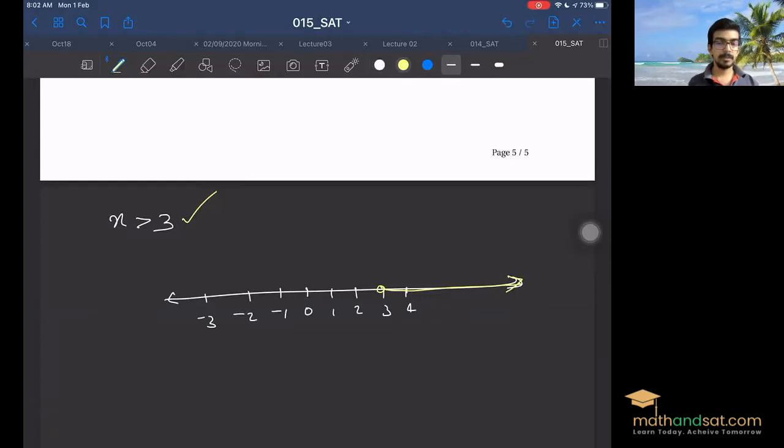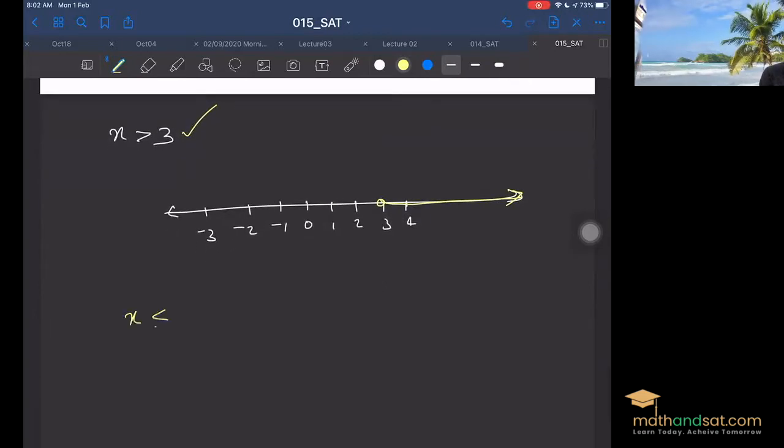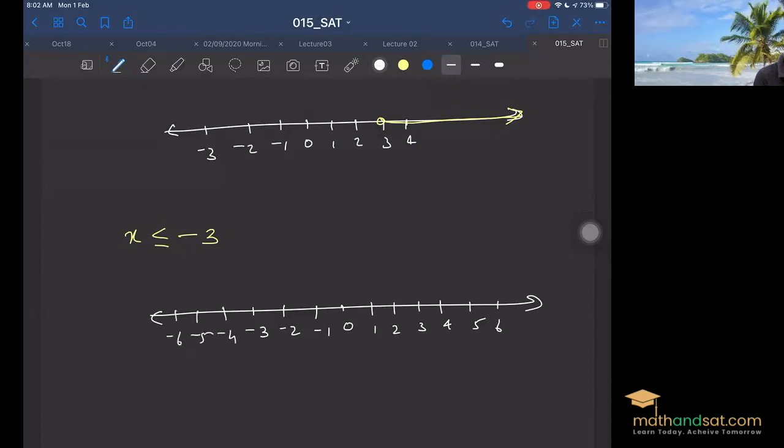Right? So you're able to recognize similar inequalities. For example, if you have x less than or equal to minus 3, how can we represent it on the number line? You take the number line, you have minus 3, minus 2, minus 1, 0, 1, 2, 3, 4, 5, 6, minus 4, minus 5, minus 6.